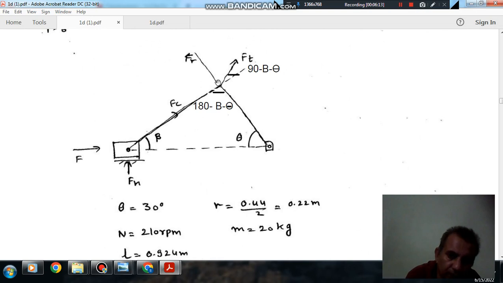Okay, and the crank effort is Ft, and Ft is perpendicular to the crank. Okay, so if this angle is beta, this angle is theta, then this angle will be 180 minus beta minus theta, as this is a straight line. As this is perpendicular to crank, this angle will be 90 minus beta minus theta.